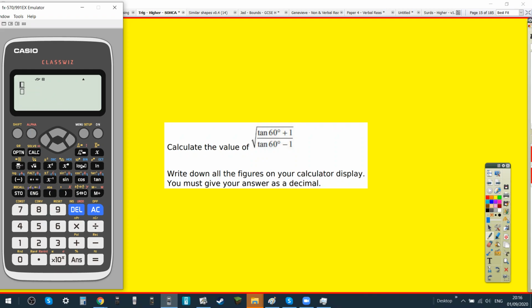Did you get to keep most of the stuff? Yeah, I kept it. Do you have square root and then fraction? Yeah. Did you close the bracket on the top? No. After you type 60, you have to close the bracket because it's 60 degrees and the +1 is separate. So the 1 isn't in the bracket. Oh, okay.